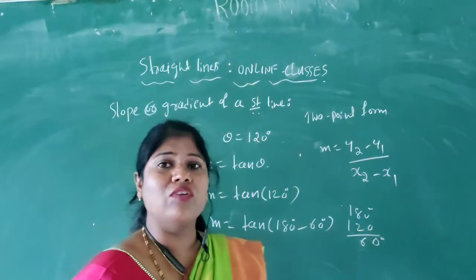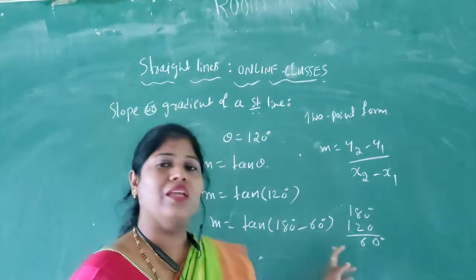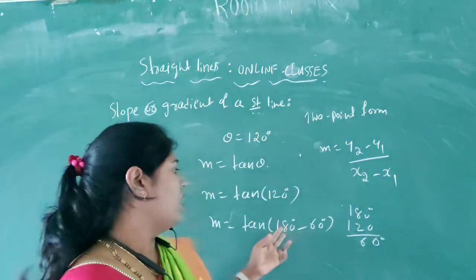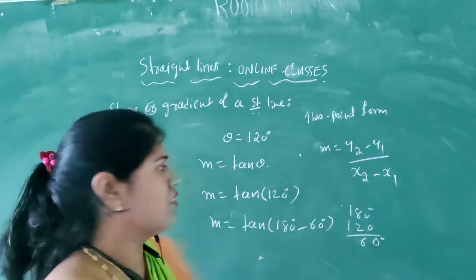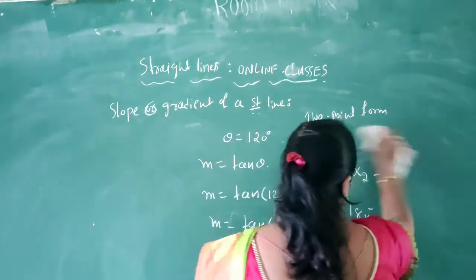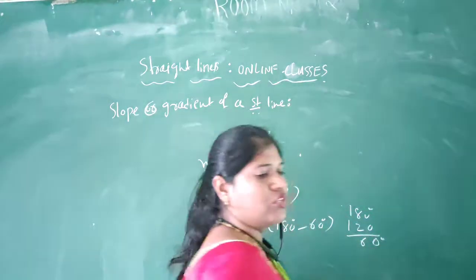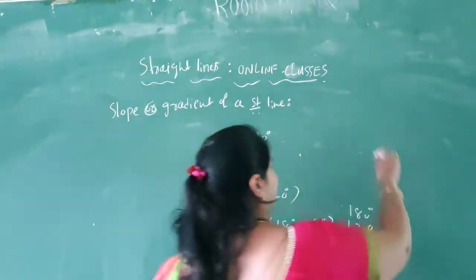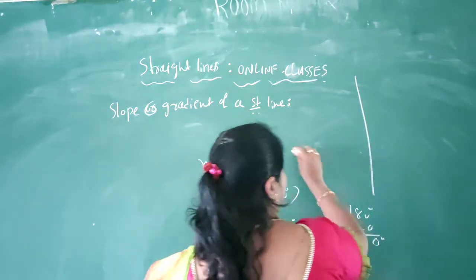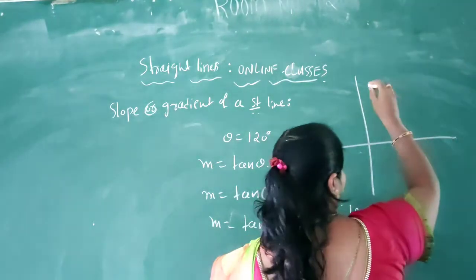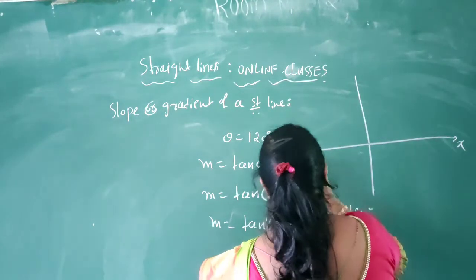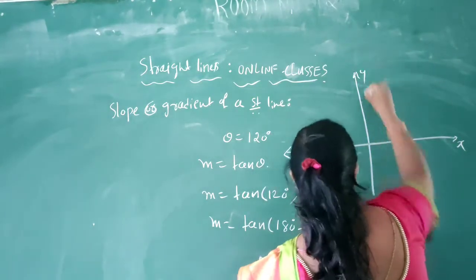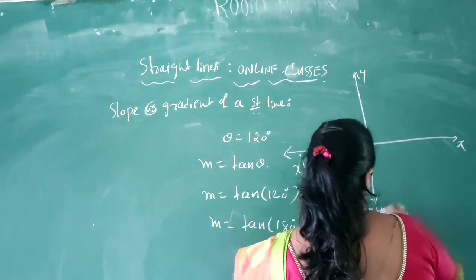After that, we have to check in which quadrant 180 degrees minus theta lies. You know the ASTC chart: All Students Take Coffee. In the rectangular coordinate system, this is the x-axis, this is x dash, this is the y-axis, and this is y dash.